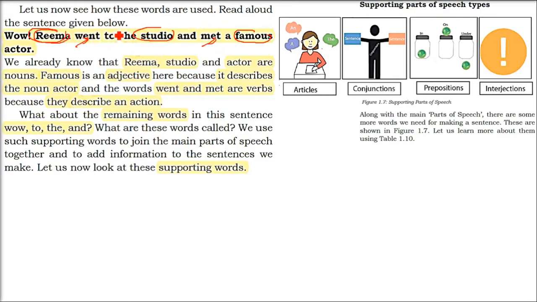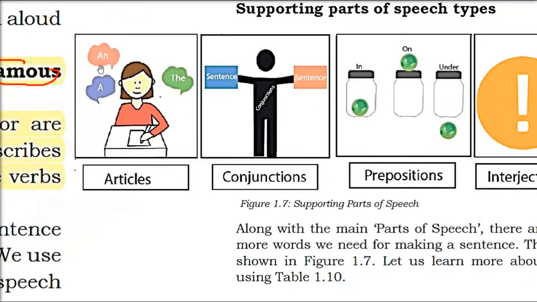Okay, what about the others? What about "to"? What about "wow"? What about "the" and "and"? These are the remaining words. Went and met are verbs here because they are describing action. But all the remaining words, wow, to, the, and, are supporting words. So supporting parts of speech, let me show you here.